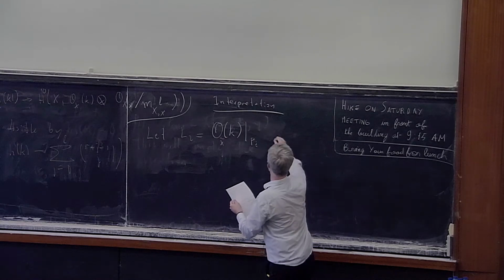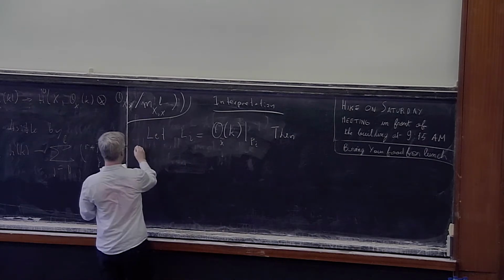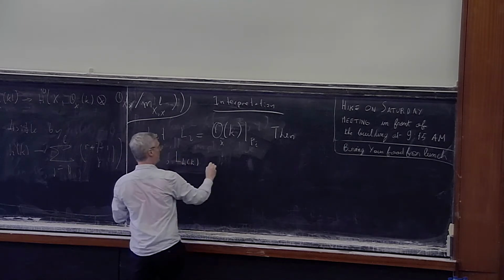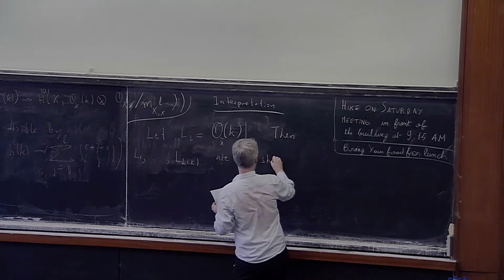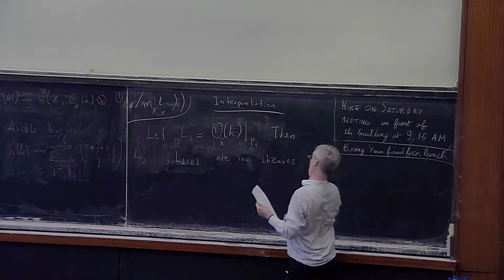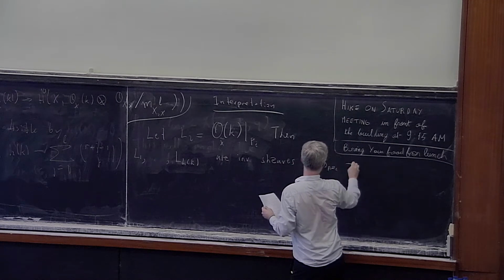So then, of course, these are just invertible sheaves over Spec of Z. So then L_1, ..., L_h(k) are invertible sheaves, line bundles, as Suli said, invertible sheaves on Spec of Z.